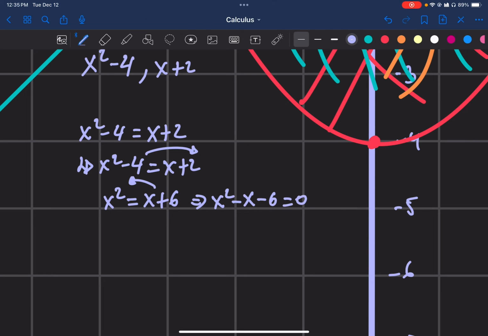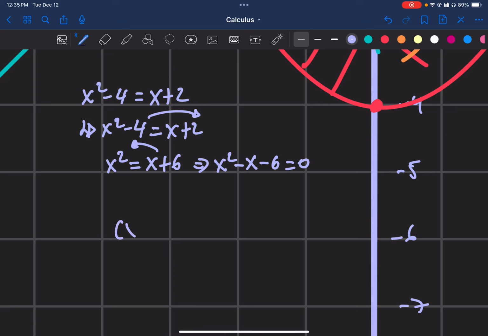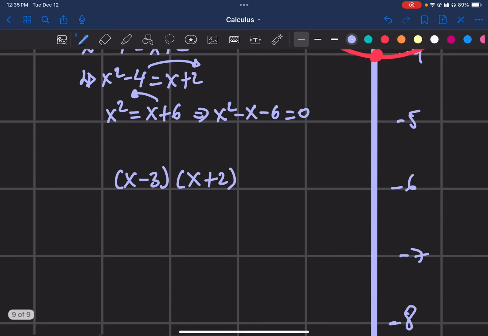Right? So now I want to figure out what x value is going to be here. So I'm going to use factors. For this, I'm going to be using x minus 2, x minus 3, and x plus 2. These are my factors.